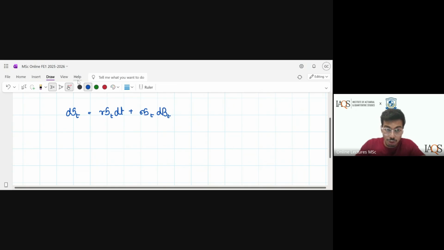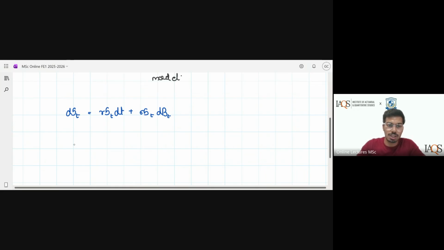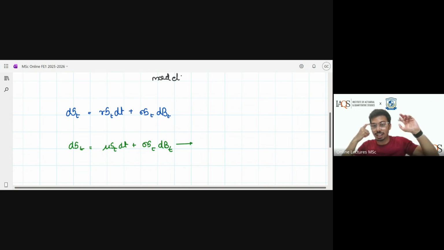Because the share price process that we've understood is dS_t equals mu S_t dt plus sigma S_t dB_t. This is what we derived under our Ito's lemma chapter when we did share price process as a special case.